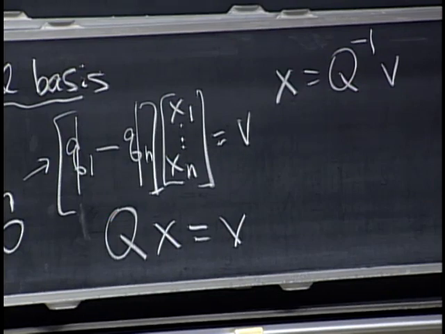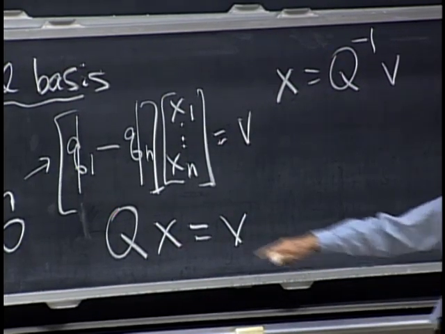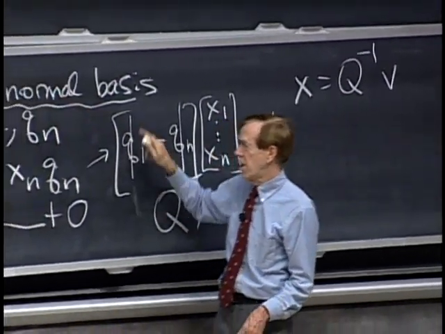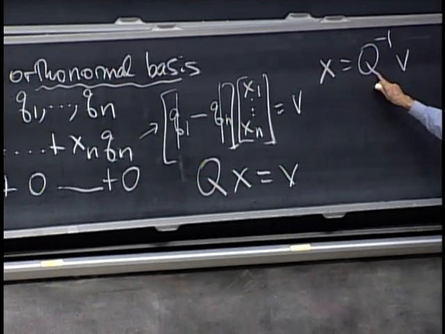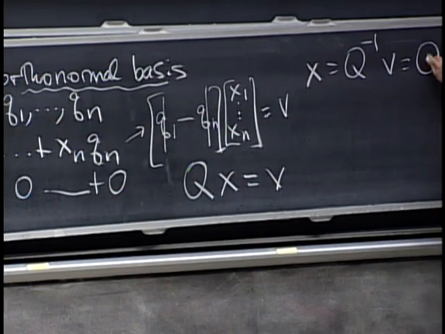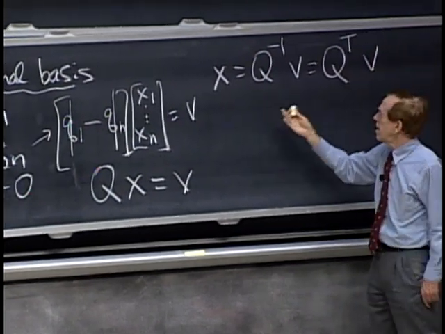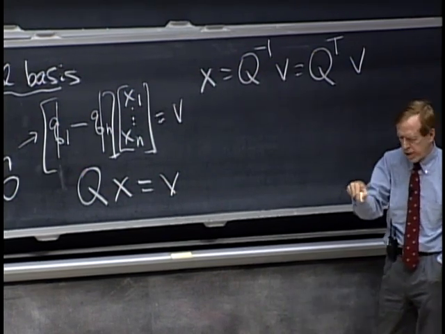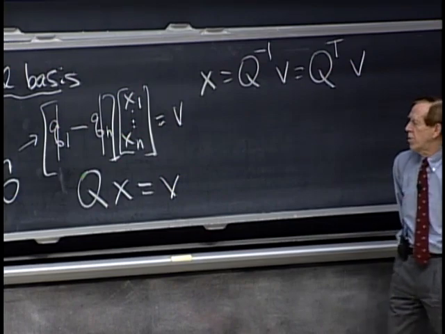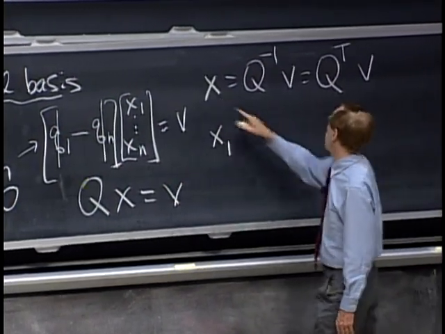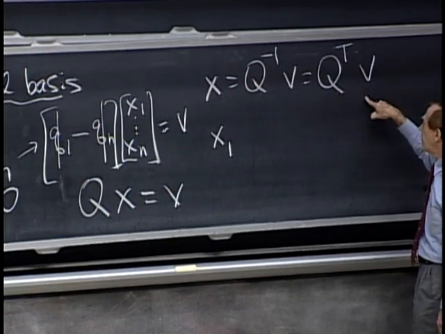Q inverse in this case is simple. I don't have to work to invert this matrix Q because of the fact that these columns are orthonormal. I know the inverse to that, and it is Q transpose. When you see a square matrix with that letter Q, that just triggers that Q inverse is the same as Q transpose. So the first component of x is the first row times v.